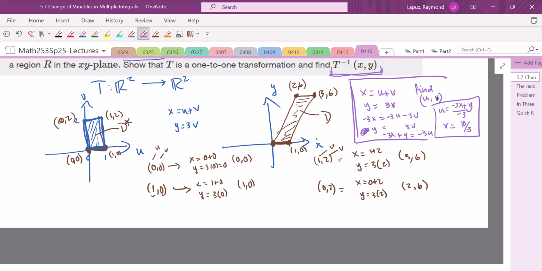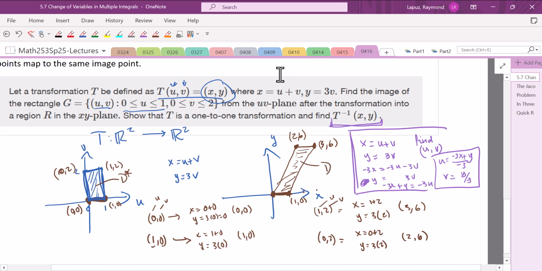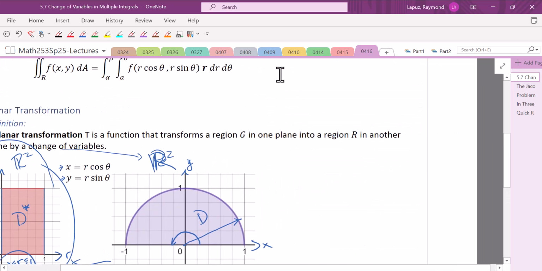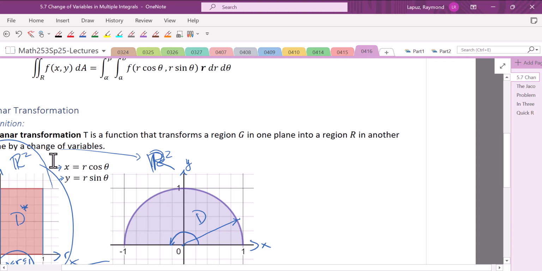So technically, polar coordinates has this information also. You can go backwards from polar coordinates, although we rarely do that. We think about this relationship over here, but we can also say that r is equal to plus or minus the square root of x squared plus y squared. Let me just write it as the equation that we know better: r squared is equal to x squared plus y squared, and then tan theta is equal to y over x.